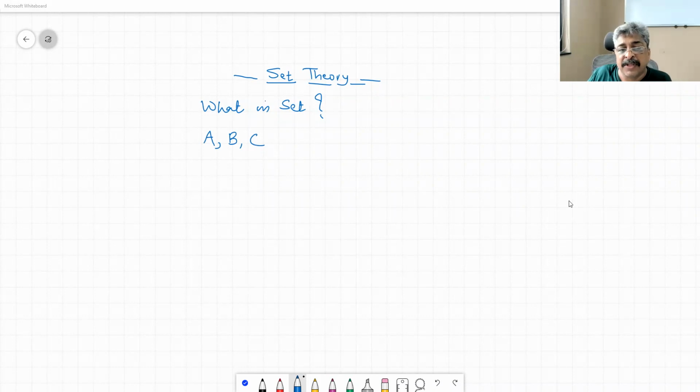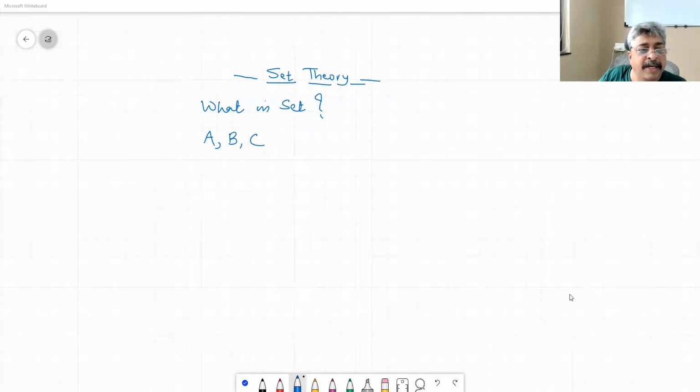If we start writing the definition of a set, then we are wrong because this is the first thing that we are doing in set theory. If we use words like collection or belonging to, then we have to define those words also. And eventually, if you keep doing this, we will still be left with some English words which we cannot define, and therefore we will not get into that job and say that set is undefined.